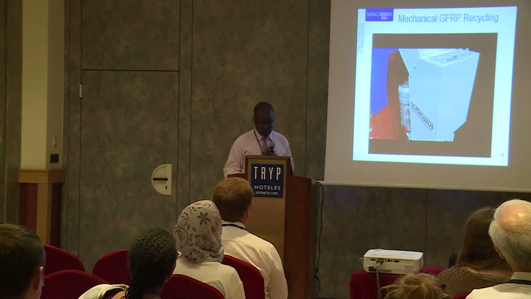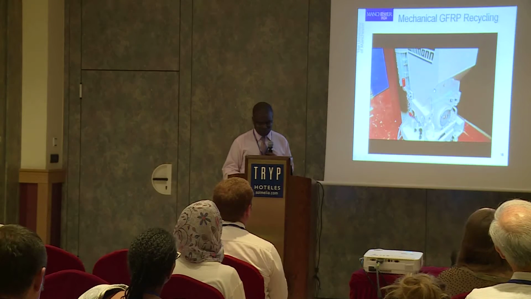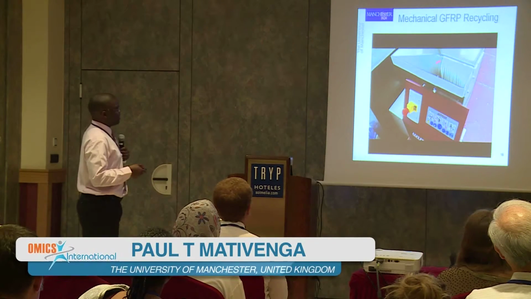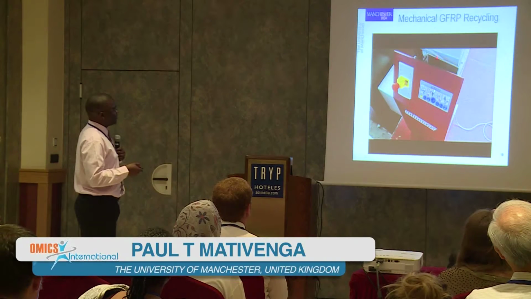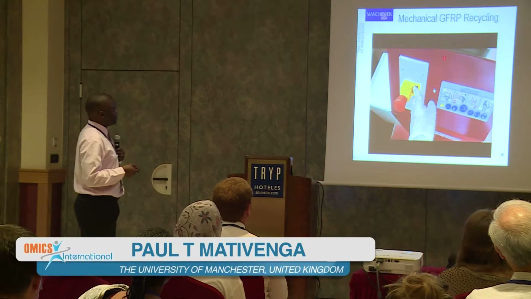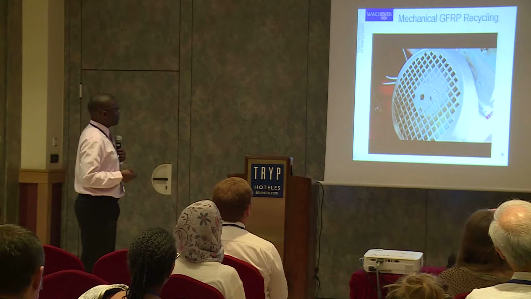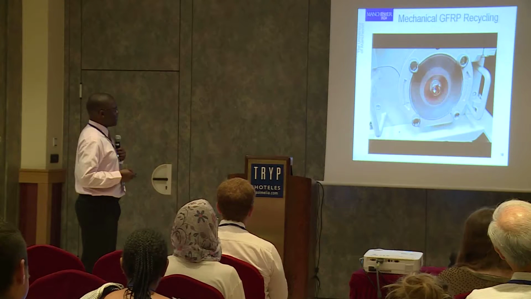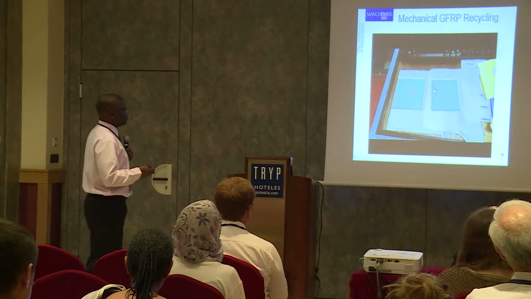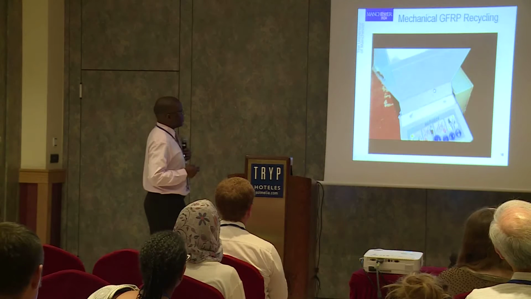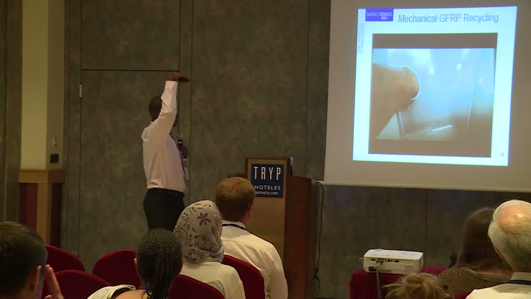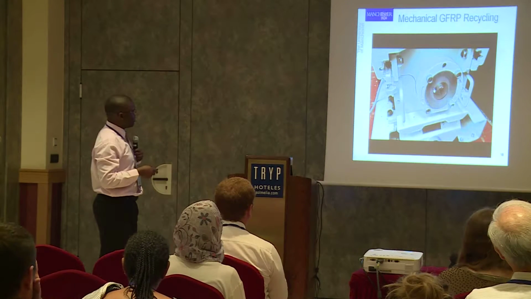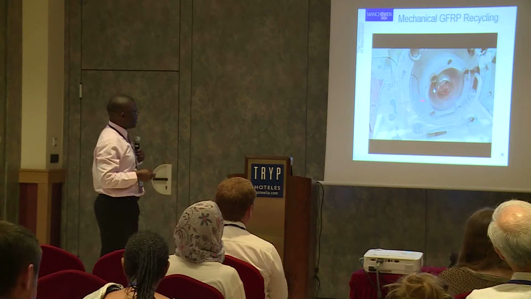Just a quick view of how this works. So I've got my granulator here, and I'm feeding my composites here. Hopefully this goes as fast as it should. Basically it's a big milling machine. I've got my composite panels that I want to process, and I'll put them through the chute in the hopper, and through some downsizing process, which is happening here.